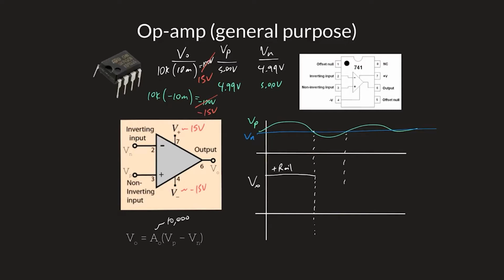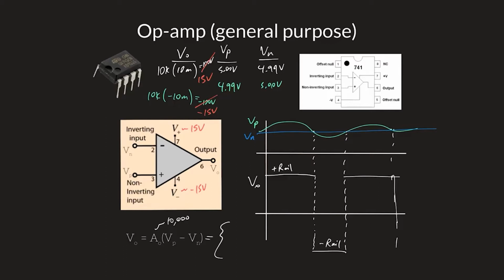And anywhere VP is smaller than VN, it's going to rail out at the negative rail, and so on and so forth. So it's always just this square wave. That's how this op amp wants to work by itself.